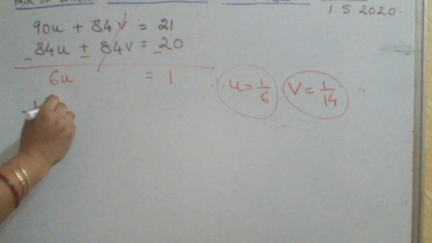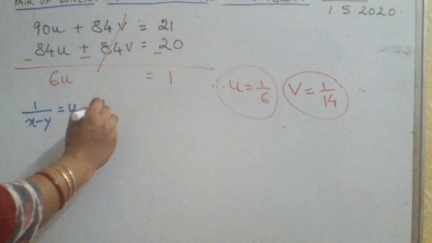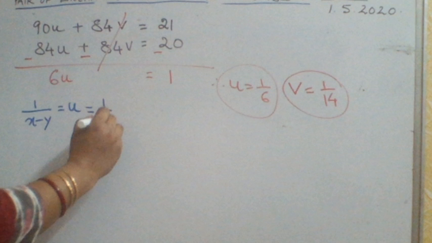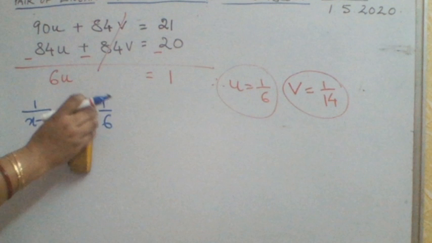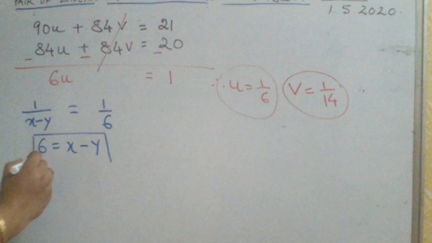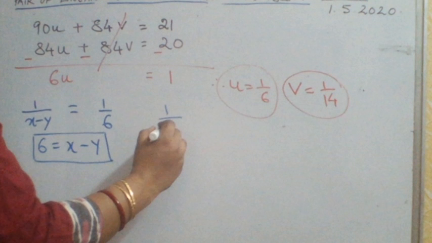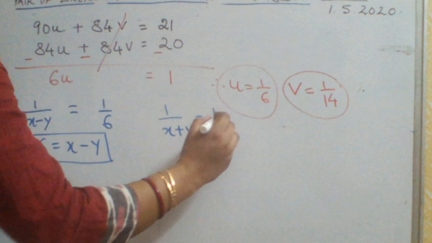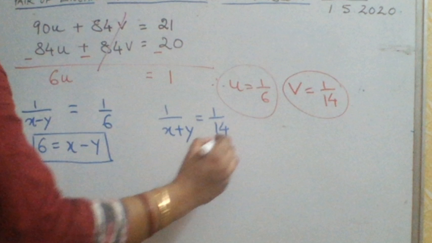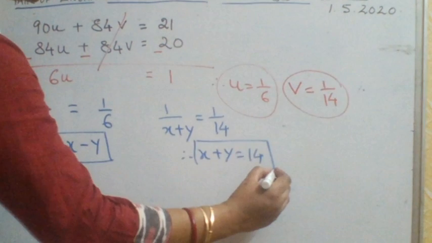Now you have obtained the value of u, that is 1 upon 6. So 6 is equal to x minus y. And in the other one, we have substituted 1 upon x plus y equal to 1 upon 14. Therefore x plus y is equal to 14. This is another equation.